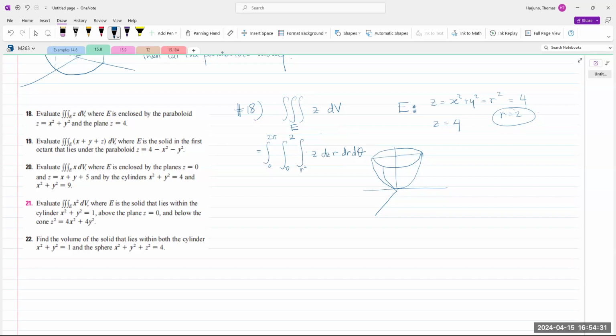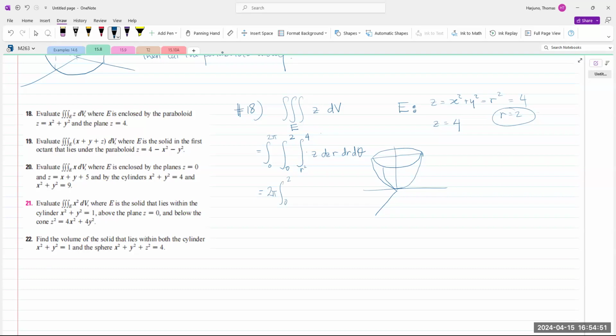The z will start from r squared to 4. Okay, then it seems like it's independent of theta. Independent of theta, so there will be the length of the angle theta. So 2 pi integral from 0 to 2.